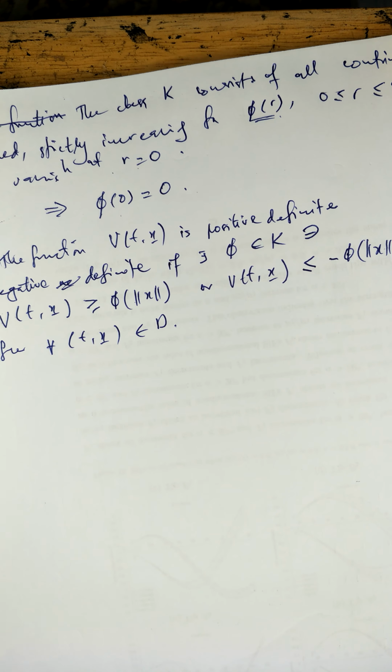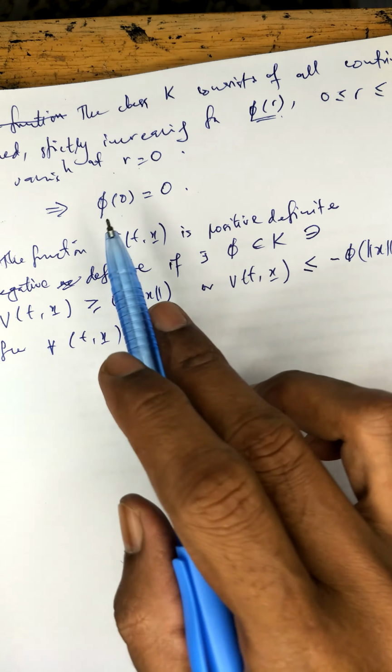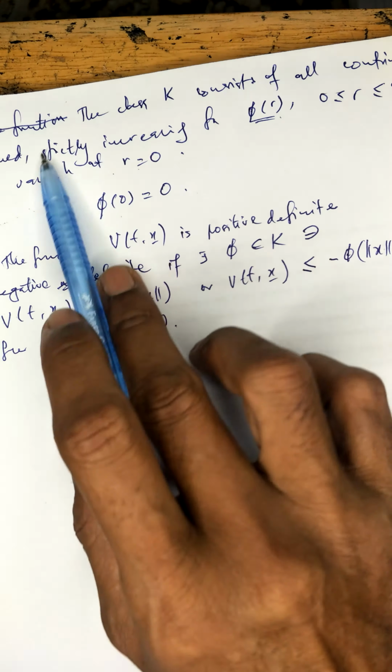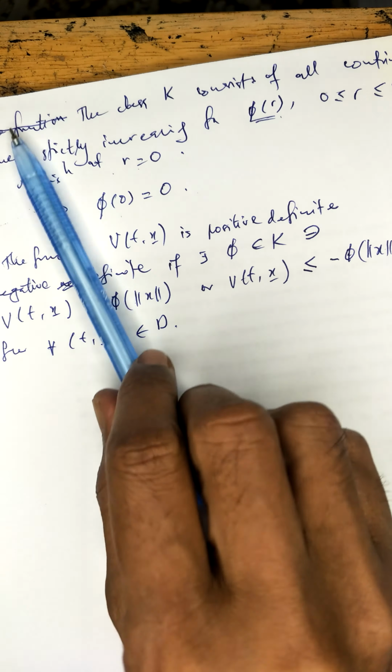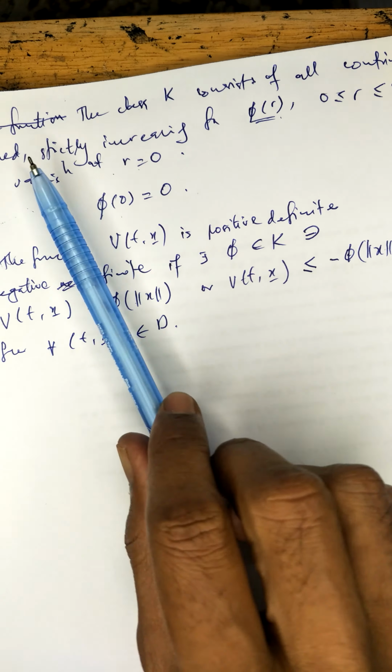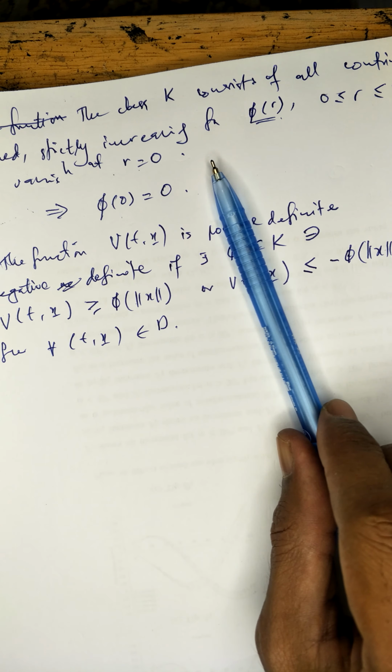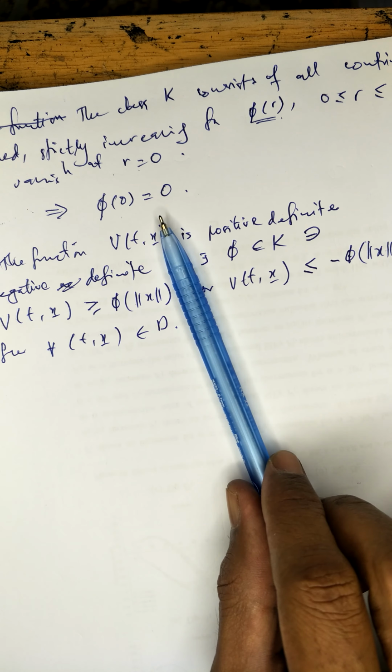Phi is a function in K, so it is continuous, real-valued and strictly increasing, and phi(0) is 0.